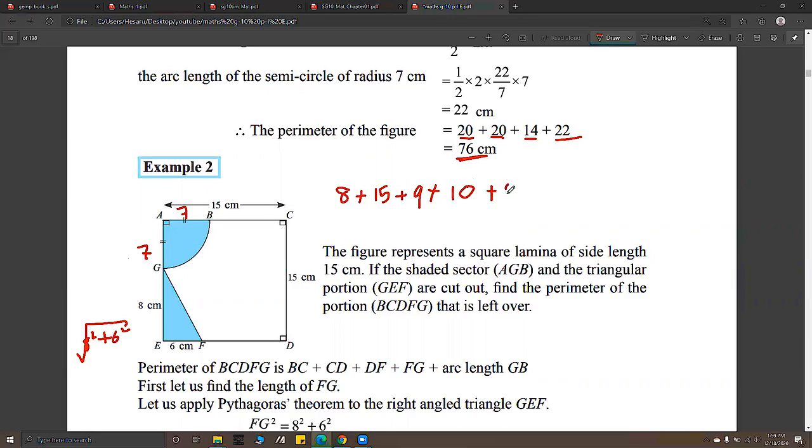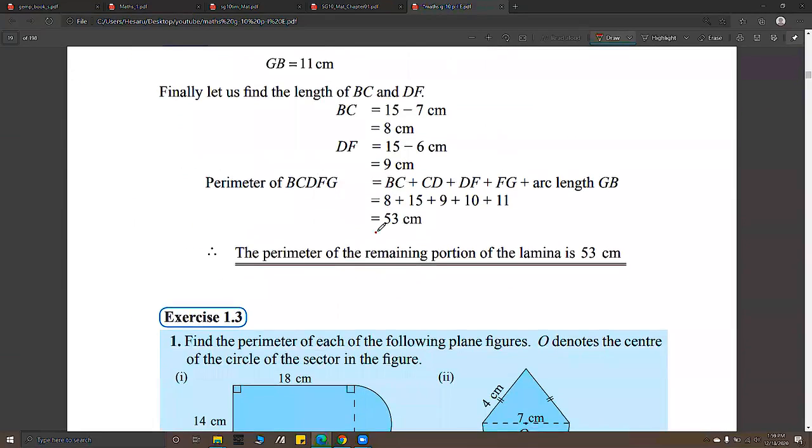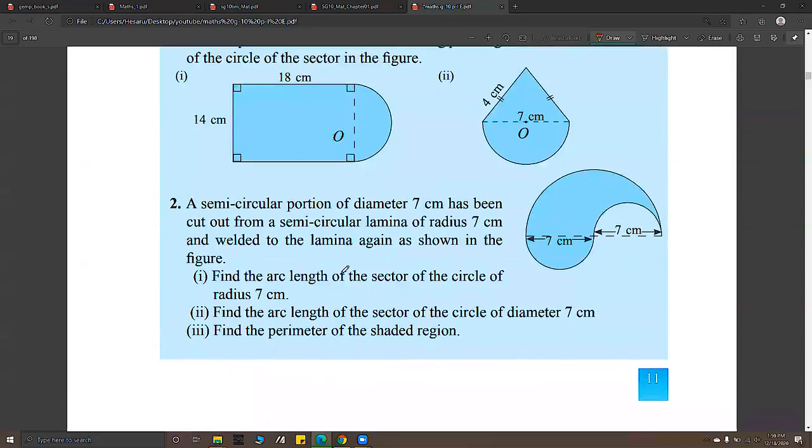It's 22 over 7 times r, which is 7, into the angle around the center, which is 90, over the total 360. So this is the perimeter. You can simplify this and get an answer. At the end of the day, it came up as 53 centimeters.